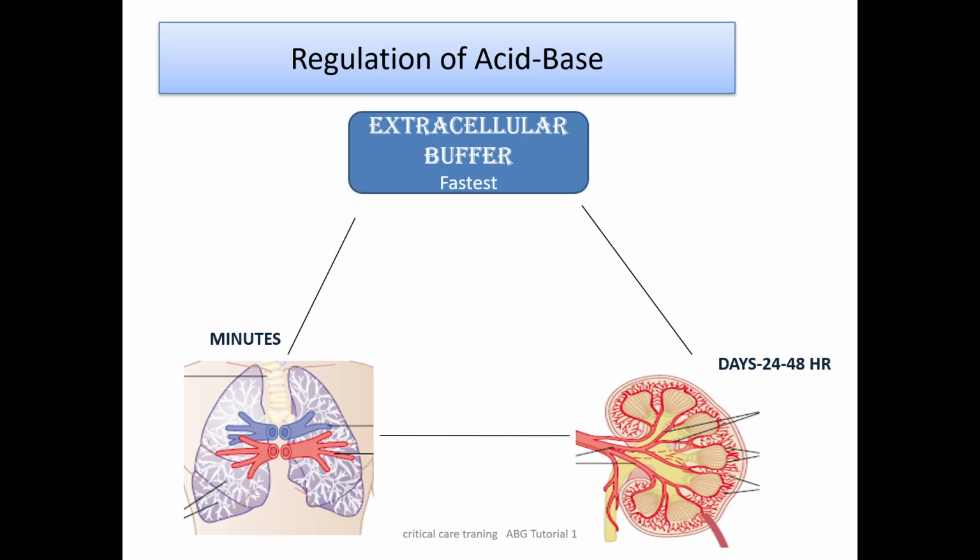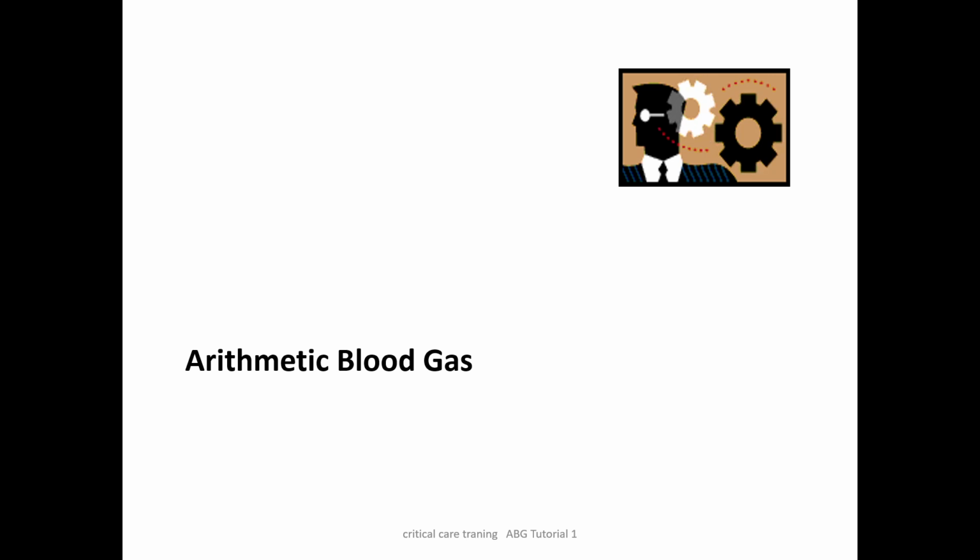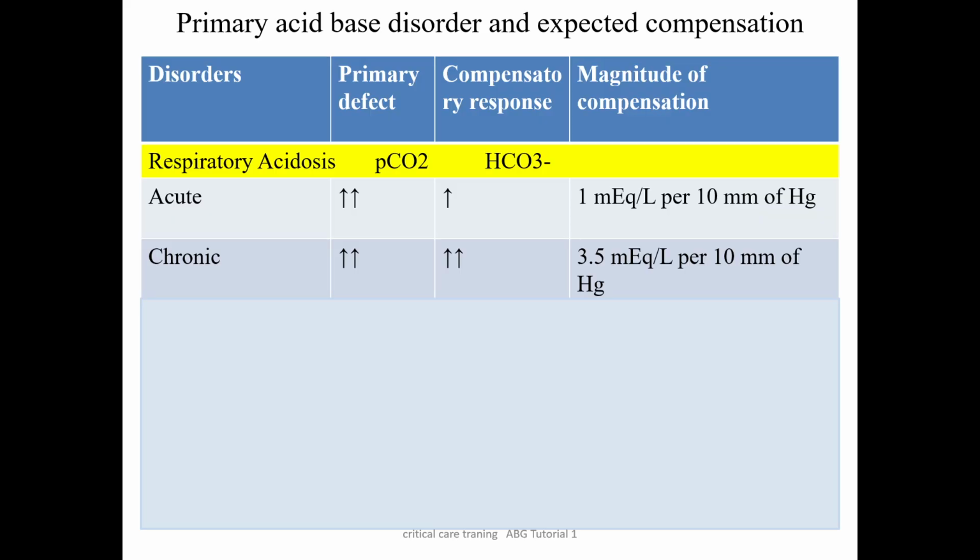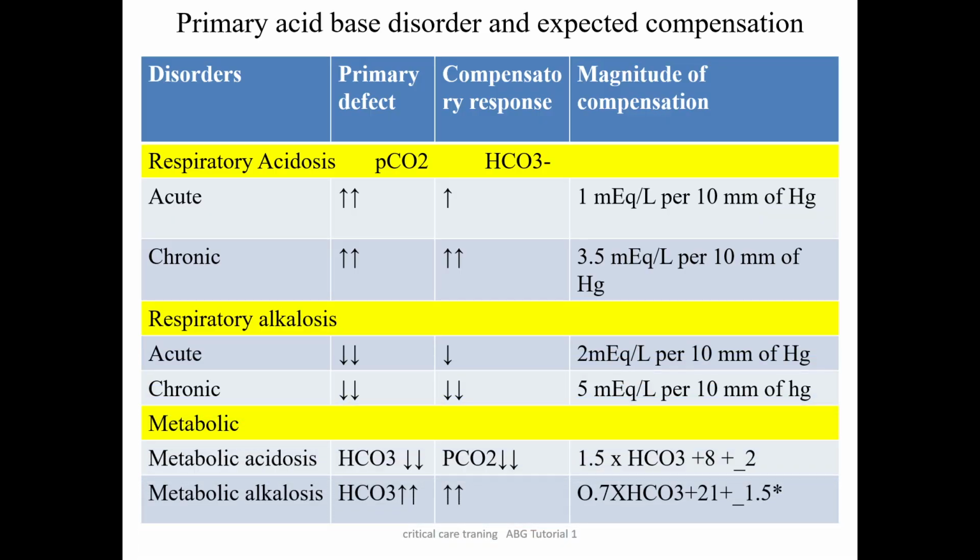These compensations can also be calculated with the help of a formula. Now it starts with the arterial blood gas, where you can actually calculate the amount of compensation. Let's see the revision part of it.